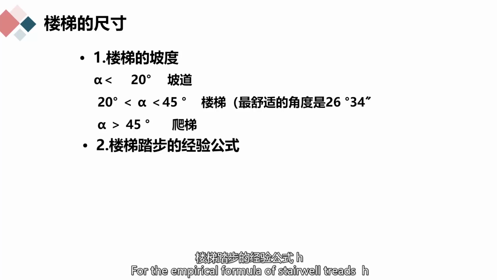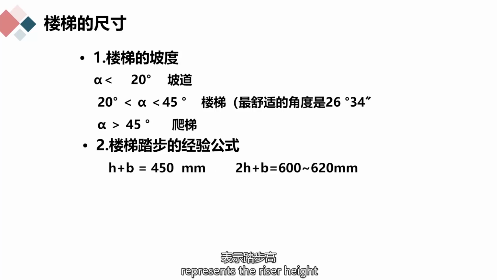For the empirical formula of stairwell treads, H represents the riser height, usually 150 mm. B represents the tread width, usually 300 mm. H plus B equals 450 mm. 2H plus B equals 600 to 620 mm.